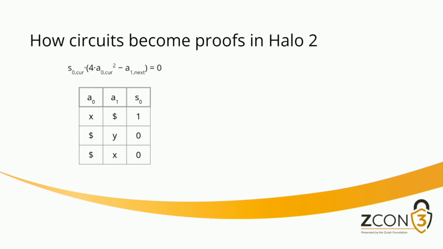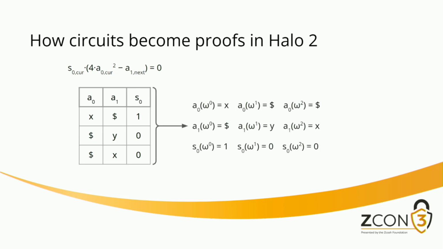That's a thing we do in Halo 2 to ensure that your circuit isn't accidentally relying on some default value being set, which is not guaranteed to be there, because the prover can put whatever it wants into the advice columns. And from that, we derive a series of polynomials such that when you evaluate them at a value corresponding to a particular row, you get back the value of that row in that column.